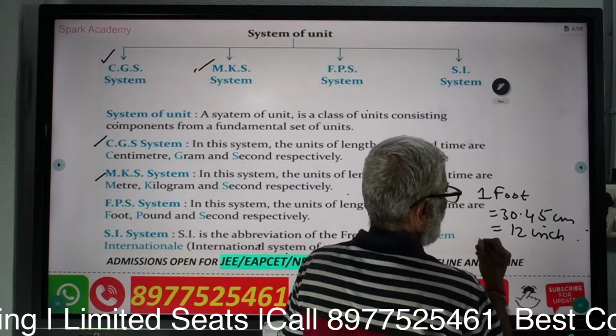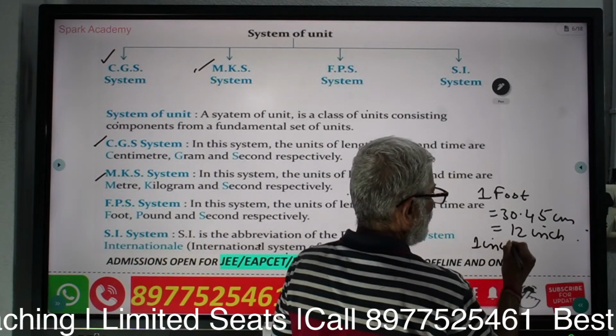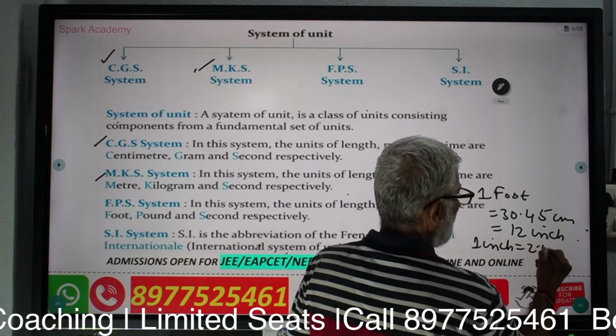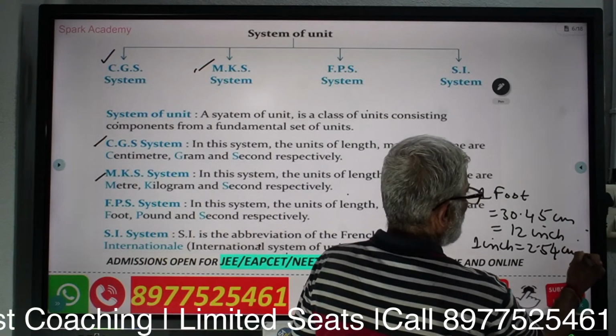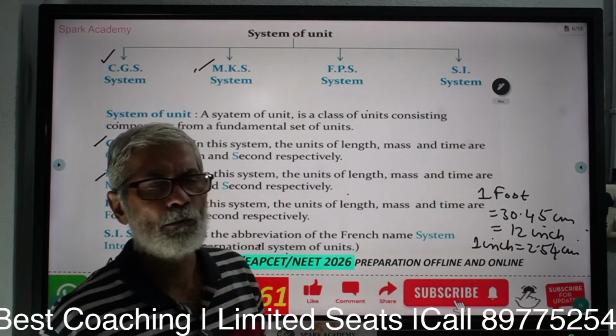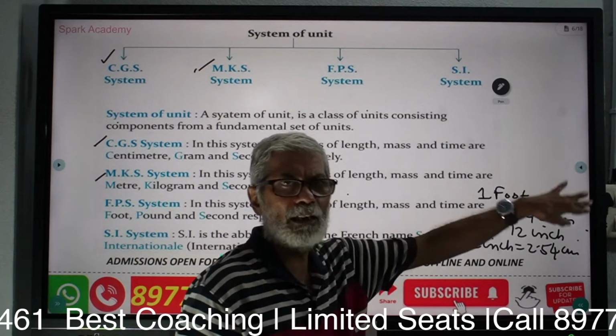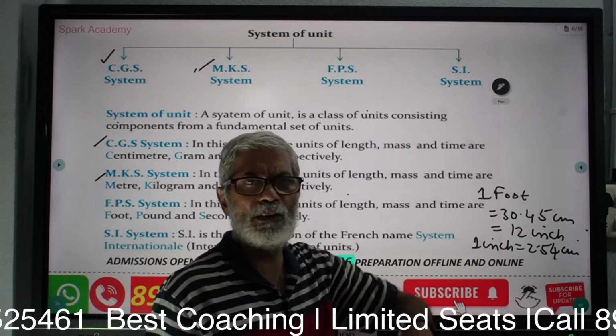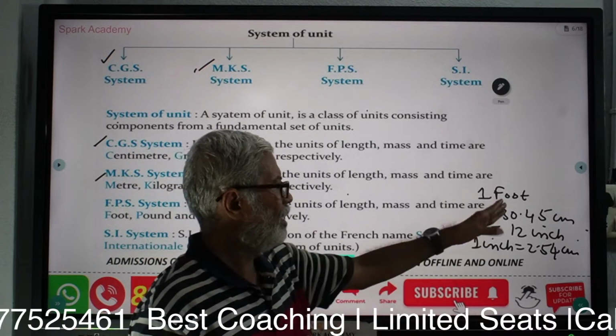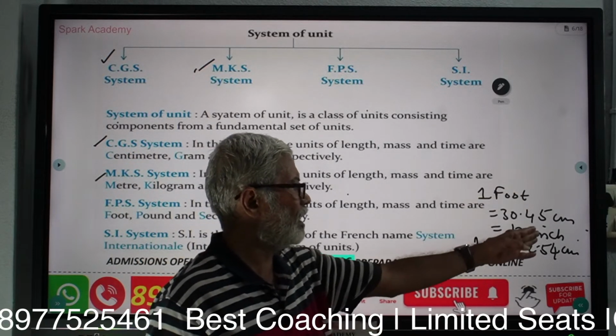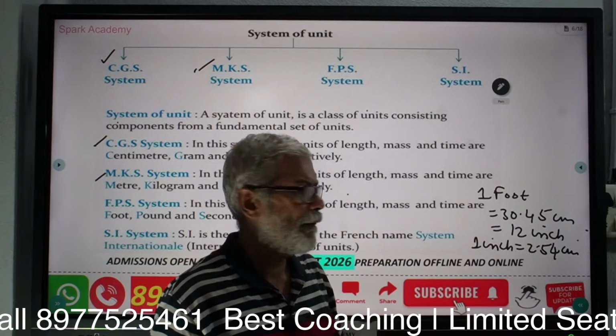So 1 inch will be equal to 2.54 centimeter. So these are all the conversions. If they give in foot, you can get in centimeter, you can get in meter. Centimeter to meter means you have to divide by 100. And inch to foot, centimeter also you can convert.